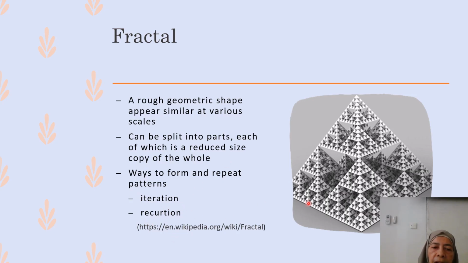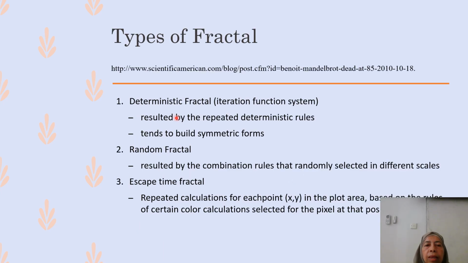We can use iteration and recursion here. There are at least 3 types of fractal that we can see in the references. The first is deterministic fractal. The second is random fractal and escape time fractal. But here, we will use only the first, which is deterministic fractal. It is an iterated function system.